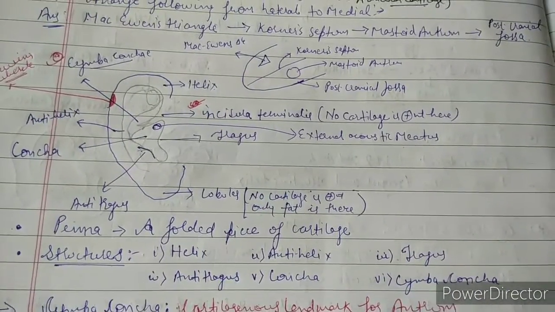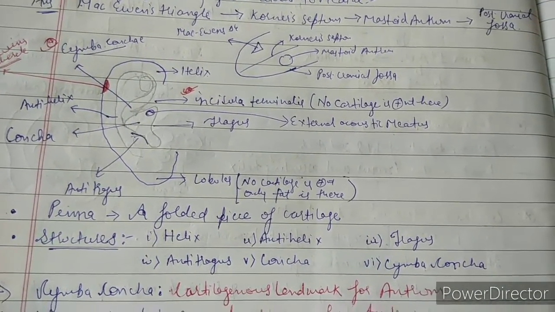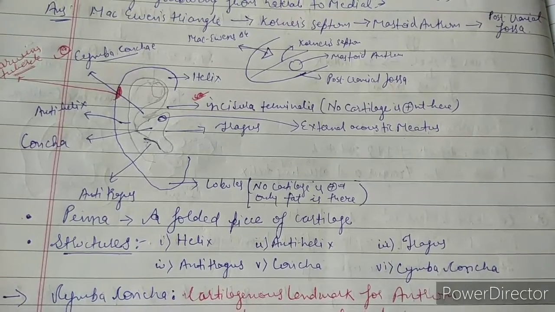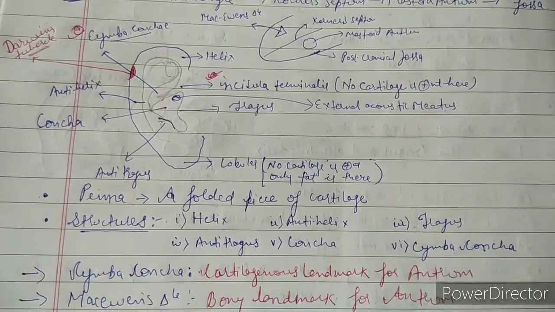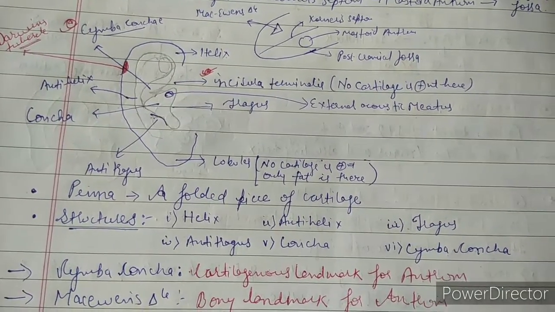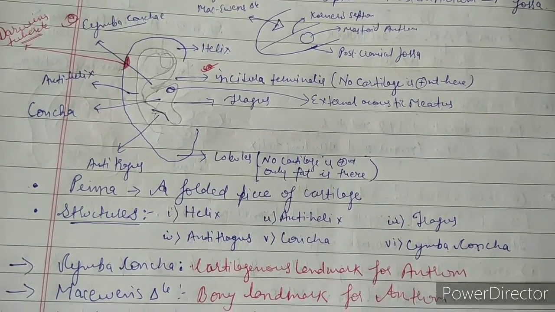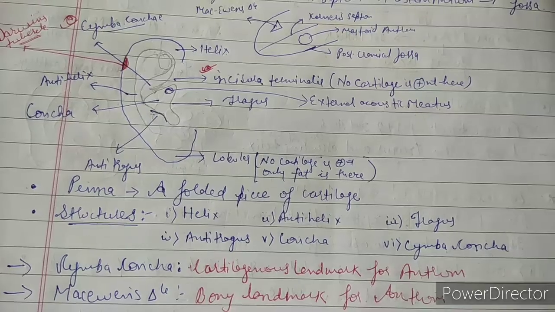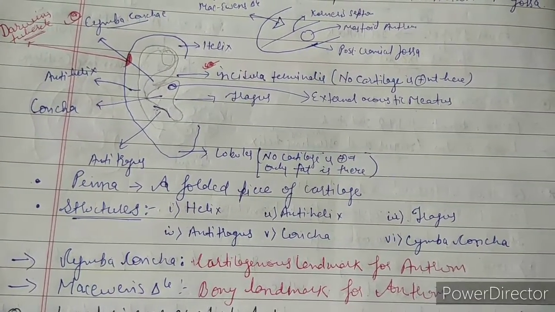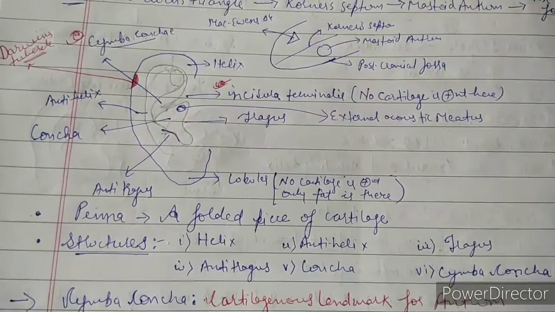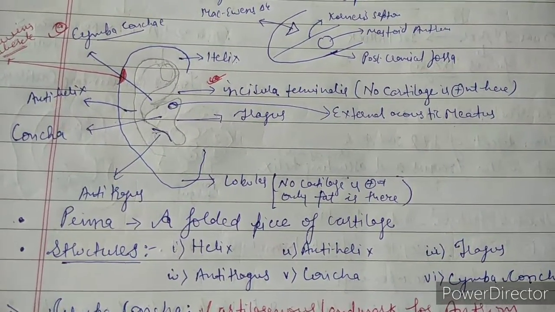These are the helix, antihelix, tragus, antitragus, concha and cymba concha. So guys, the importance of the cymba concha, the tragus, and the space between the tragus and the crus of the helix, I will be discussing shortly. Please focus on the picture and see the parts I have mentioned.